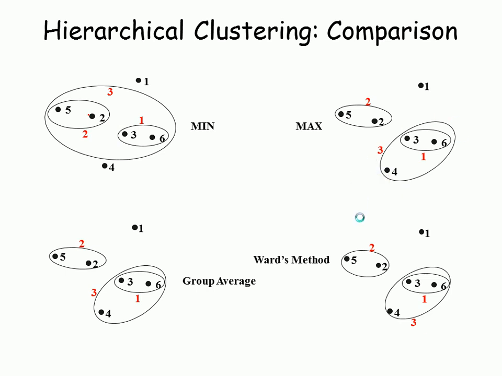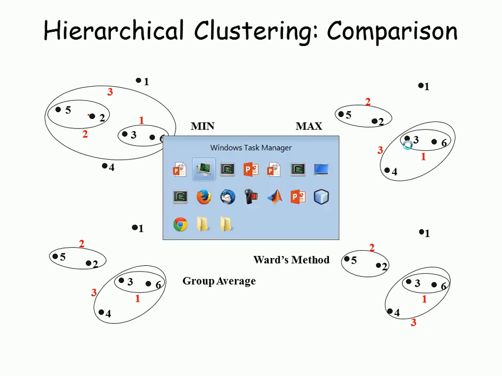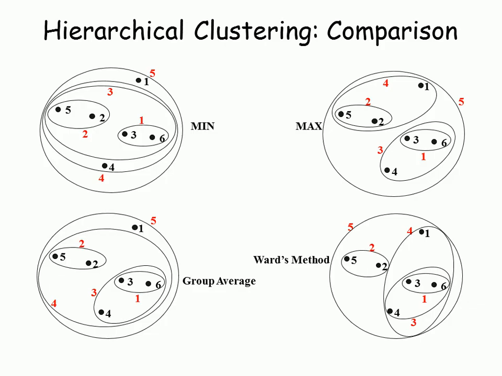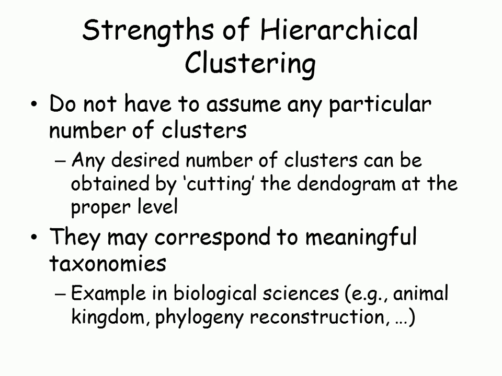Because as far as the maximum method is concerned, the distance between these two clusters is the distance between 5 and 6. So that's larger than 4 and 6. Okay. So for the max definition, the two closest clusters are 4 and 3 and 6. And you keep doing that to get the final answer. All right.